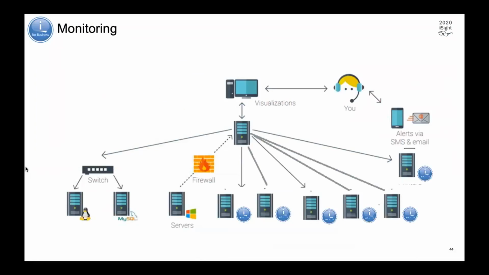I want to keep track of what's going on so that when something bad happens, I can get notified so that I can take some form of an action. And that could be across my data center, whether that's different switches, different servers, firewalls, or your IBM i.